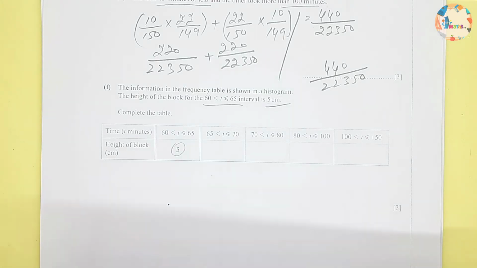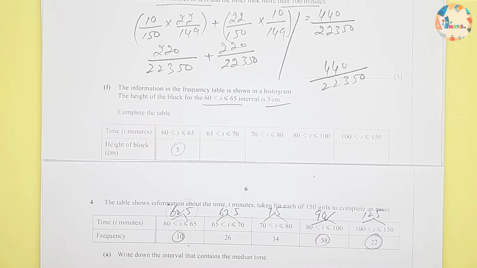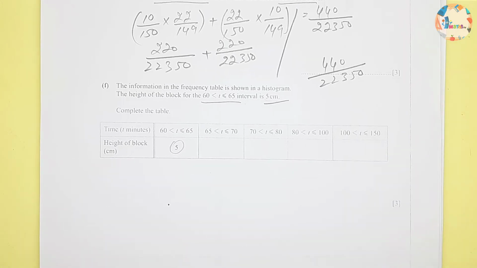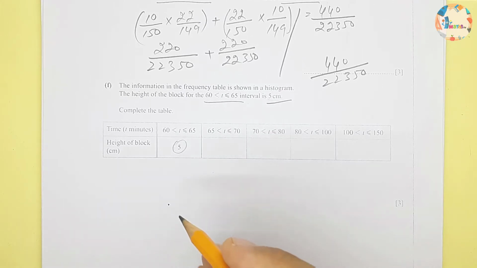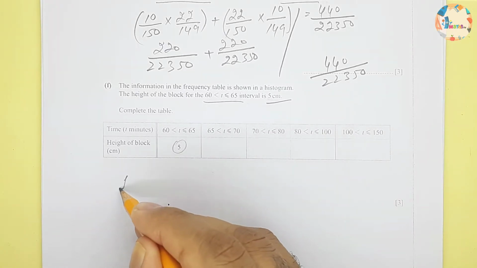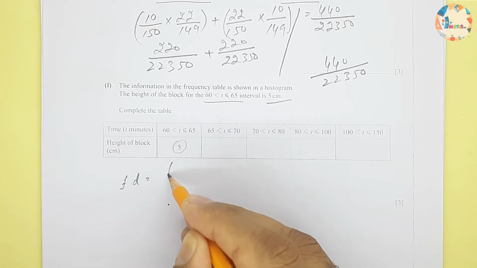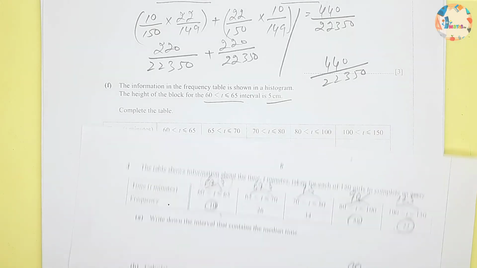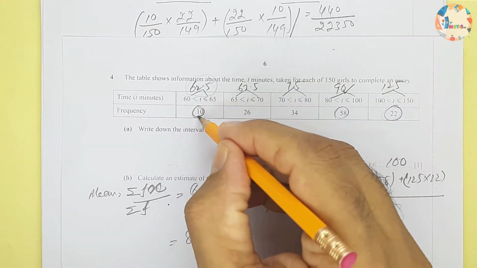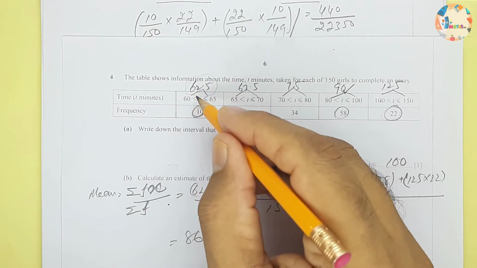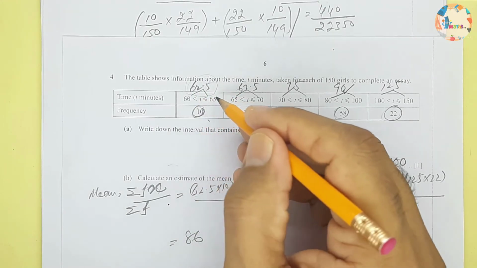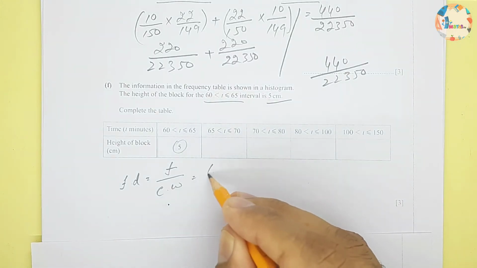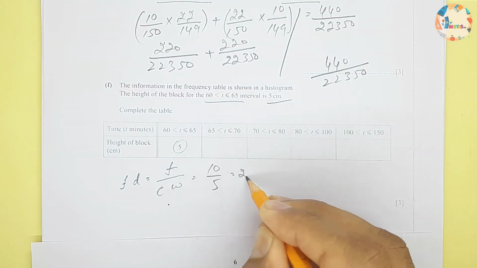To complete it, we keep in mind the table in part A. We know the formula that frequency density is equal to frequency over class width, and the class width will be 5. So 10 over 5 will be equal to 2.